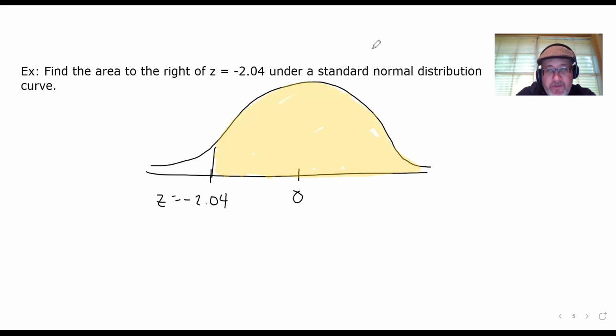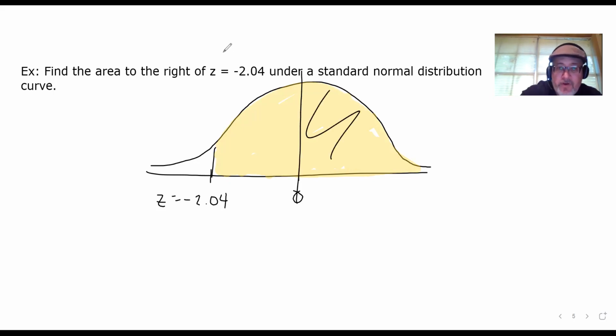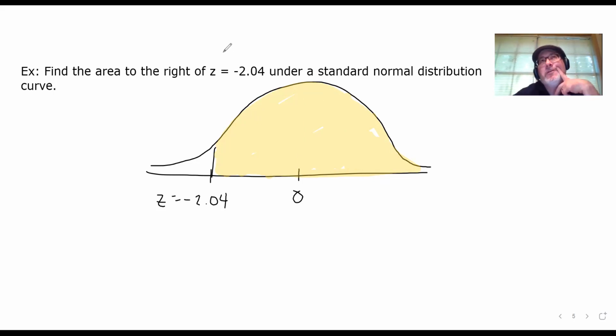It should be greater than 50% because the part over here is already half. That's going to make it more. So by just thinking to yourself, should I get more than 50% or less than 50%? That helps you avoid some errors, especially when you're doing right areas.